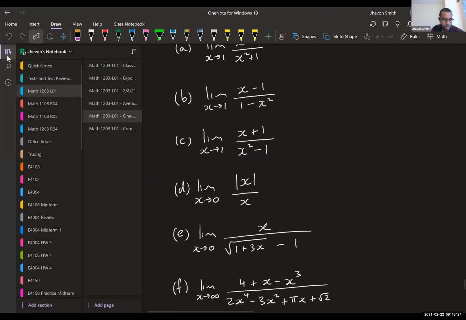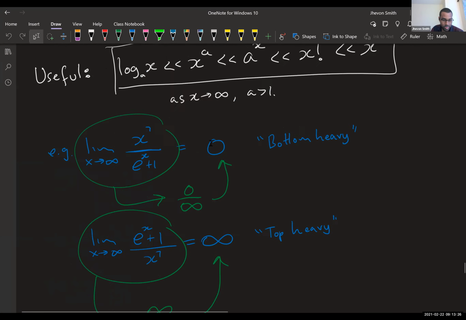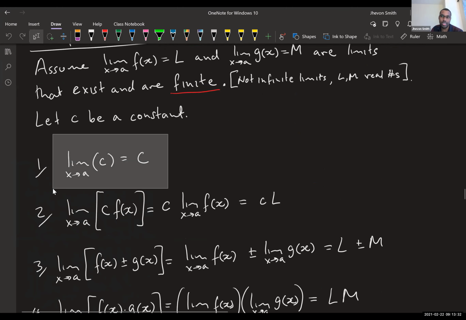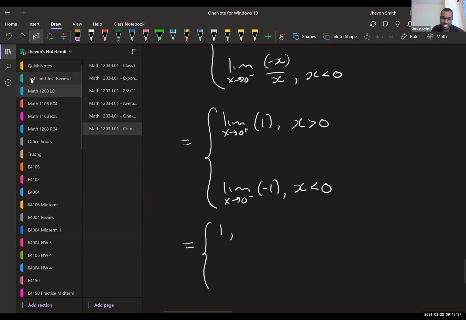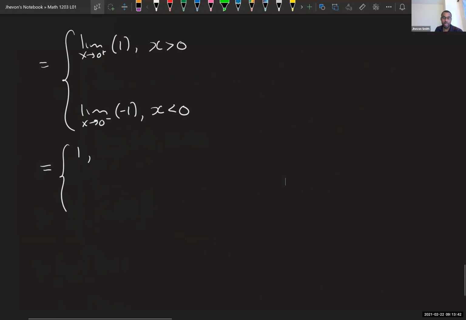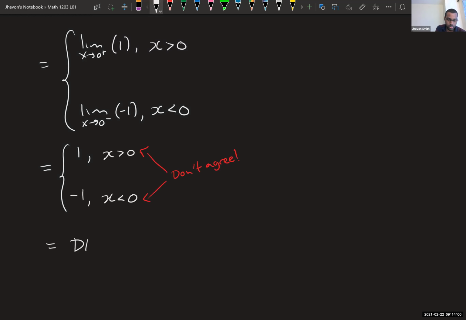This is straight up one of the properties I gave you guys last time. The limit of a constant is the constant. You don't need to go through a strategy for that. So the limit of 1 is just 1, the limit of -1 is just -1. But now the issue is they don't agree. Okay, so it does not exist.